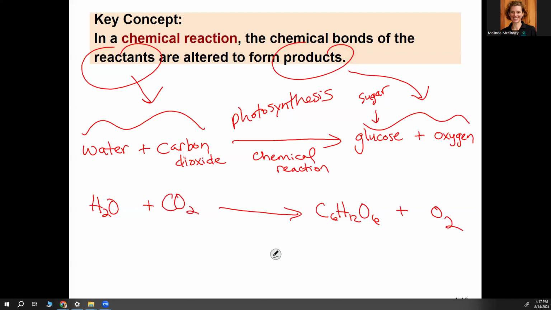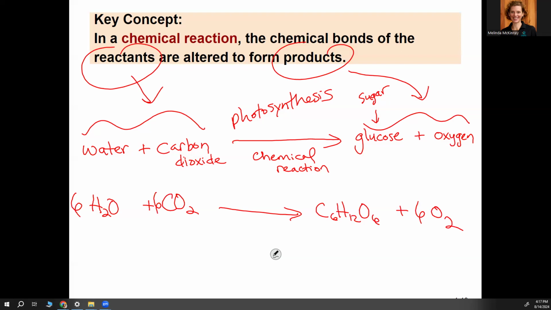So it turns out we're going to have 6 water molecules on the left, 6 carbon dioxide molecules, 1 molecule of glucose on the right, and 6 molecules of oxygen gas on the right.